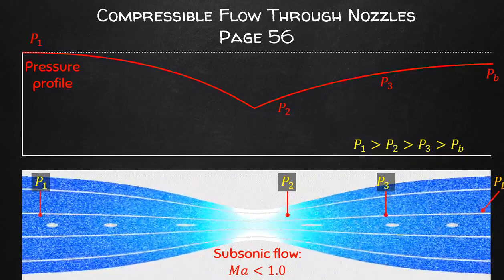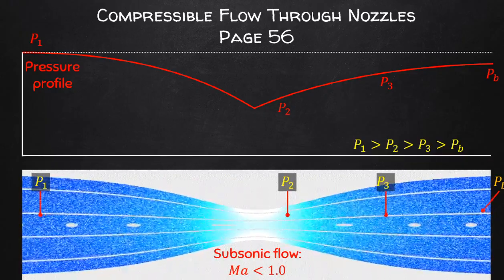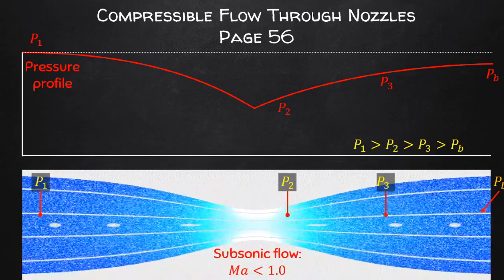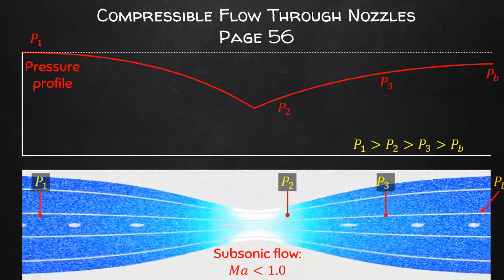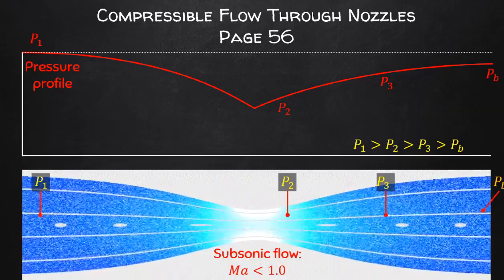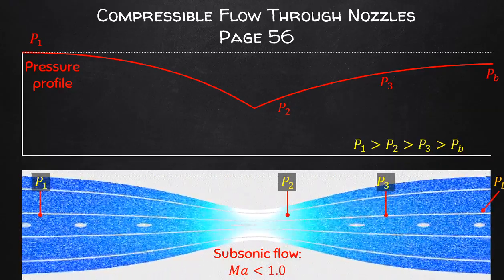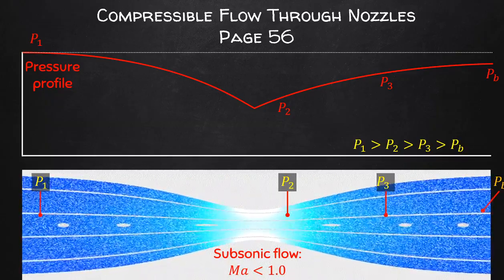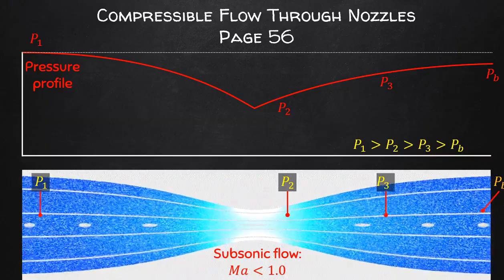Now for the case of subsonic flows, the pressure profile looks something like shown here, where the pressure drops inside the throat and then increases due to the increased collisions of the particles as they are leaving the throat, and the slower particles that they are bumping into cause them to bump backwards as well.